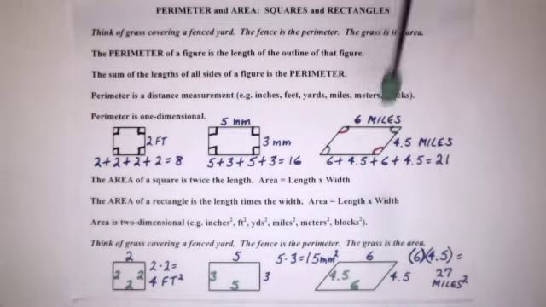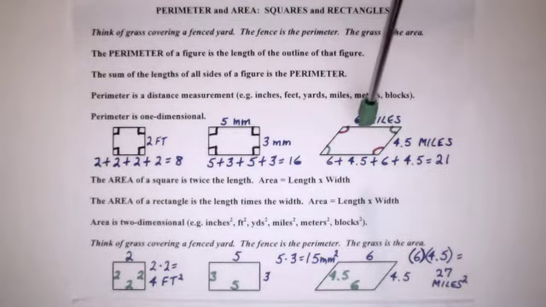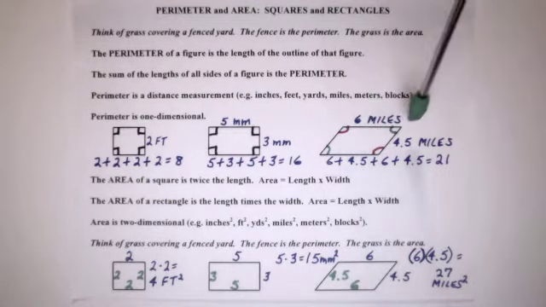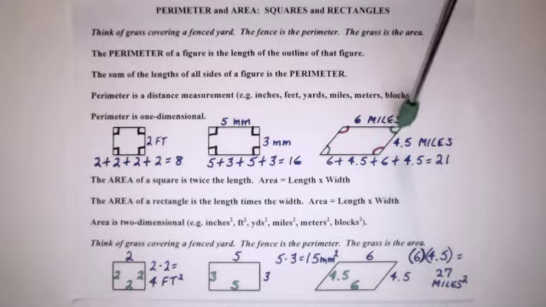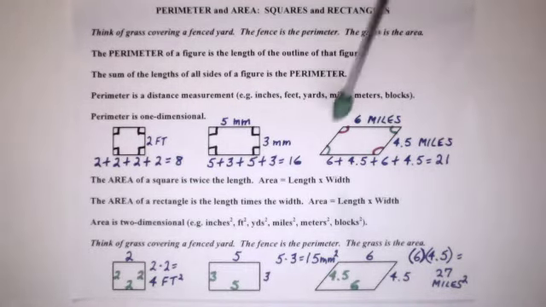Look at this parallelogram. The length of this side is 6 miles. The length of this side is 4.5 miles. Because it's a parallelogram, this side is the same as this side.